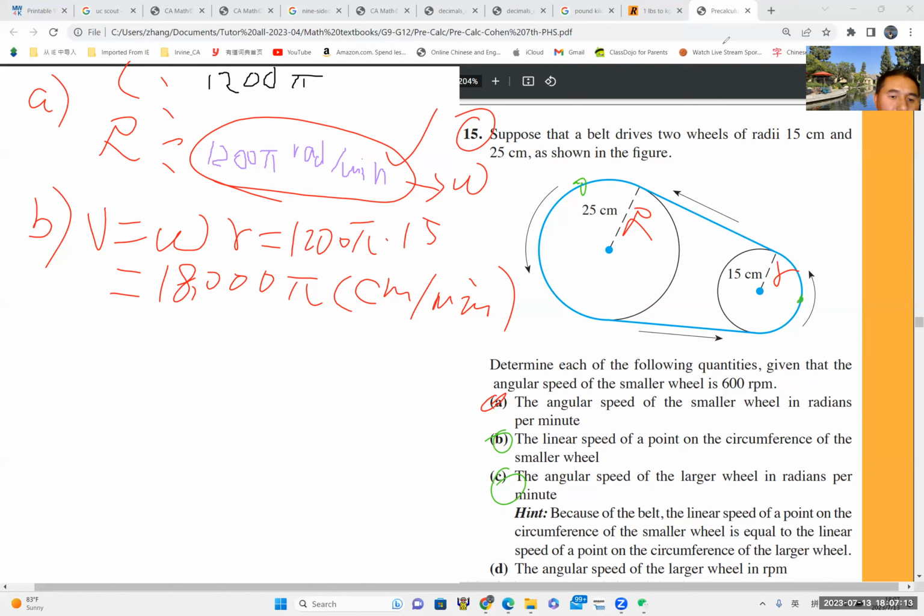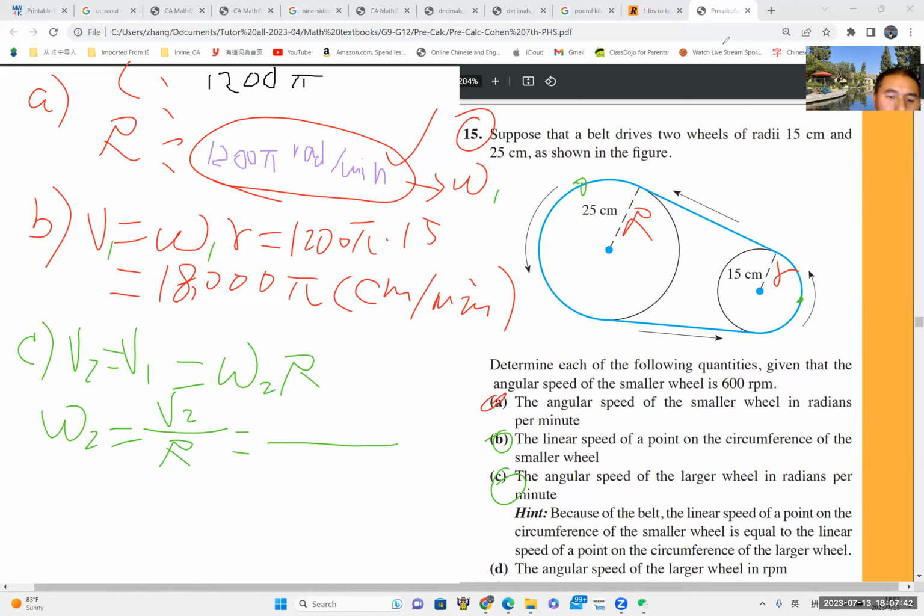If we call this V1, then V2 equal to V1 equal to, let's call this omega 1, call this omega 2 times R. Then omega 2 equal to V2 or V1, they are the same, divided by R.